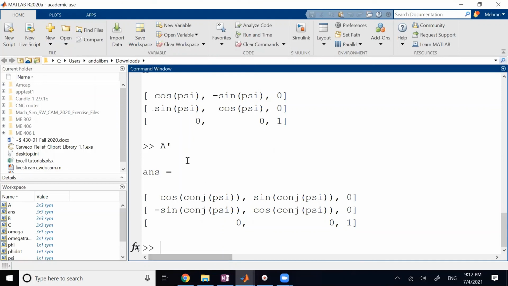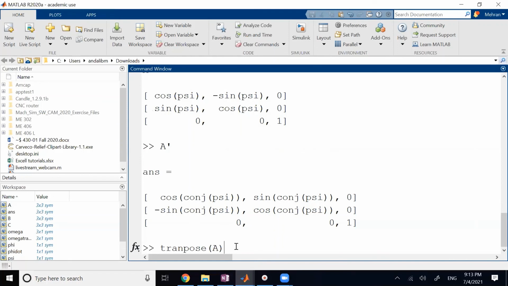If you want to transpose a matrix when it is all symbolic, do not use the quotation mark for the transpose. It is going to give you this conjugate, and it is going to go on your nerves, really. I recommend whenever you want to transpose a matrix that is symbolic, use the command transpose instead.